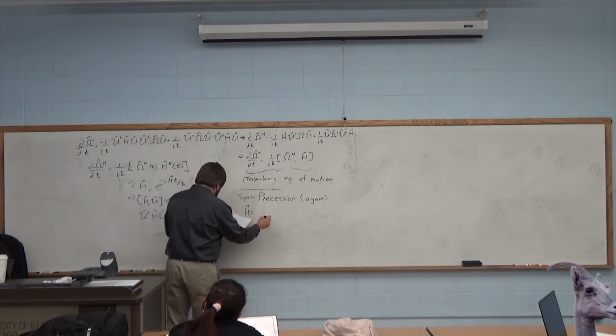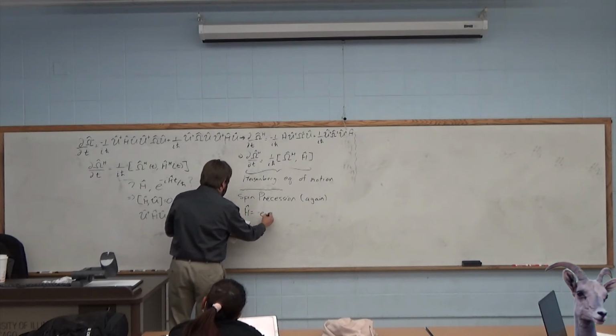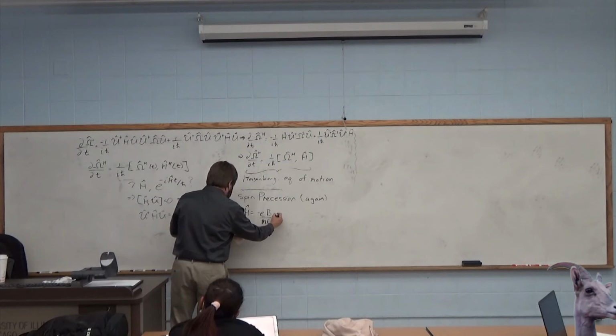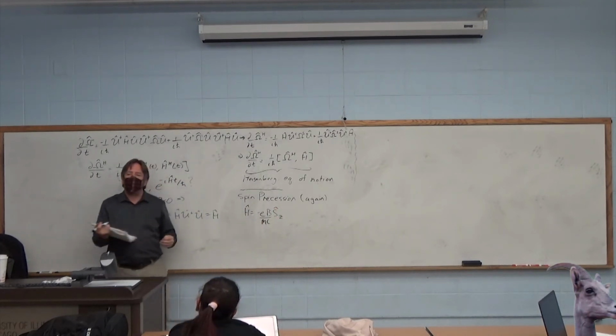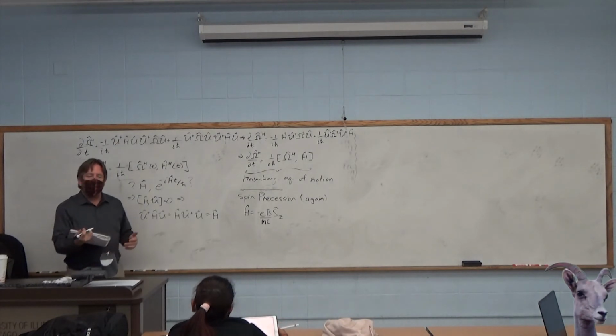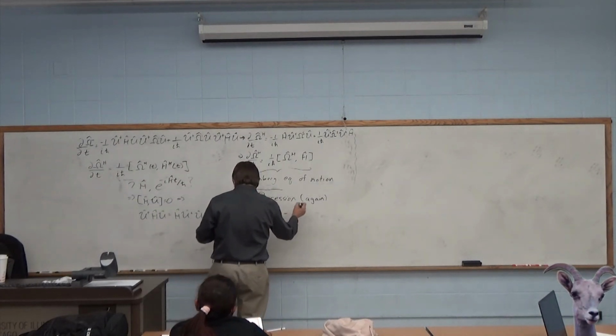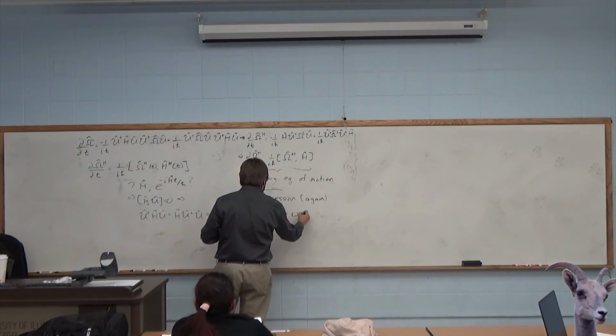Now, the one good thing is, remember, we're assuming that the Hamiltonian is not changing explicitly with time. So we're putting an electron in a magnetic field, and we've talked about it being in the z direction, because why the heck not?